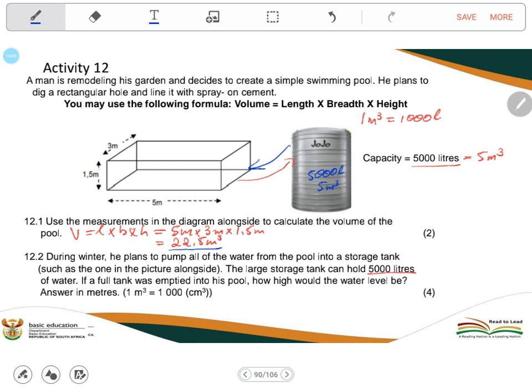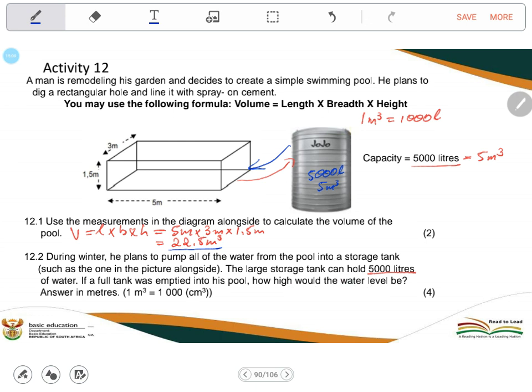Only 5 cubic meters can go into the tank. All right. So it says here, the large storage tank can hold 5,000 liters of water, which means if a full tank which has 5,000 liters is emptied into the pool, how high would the water level be?